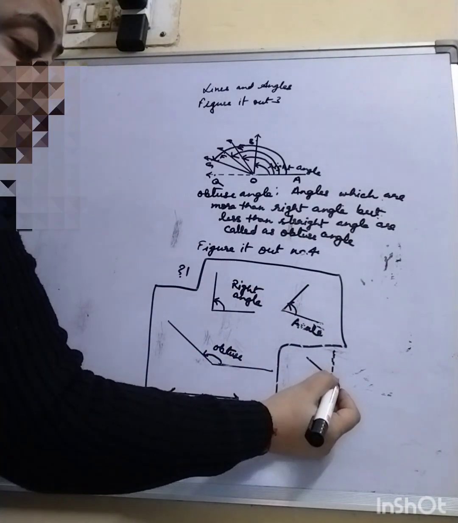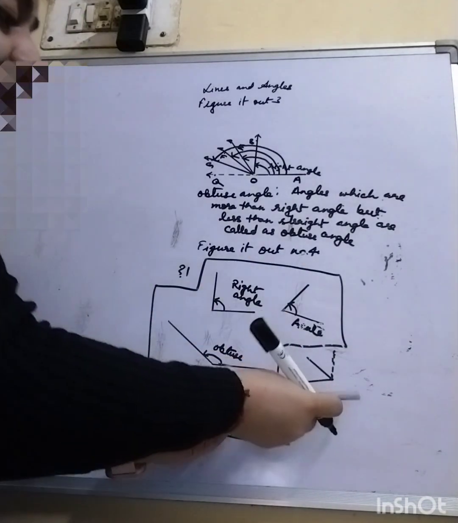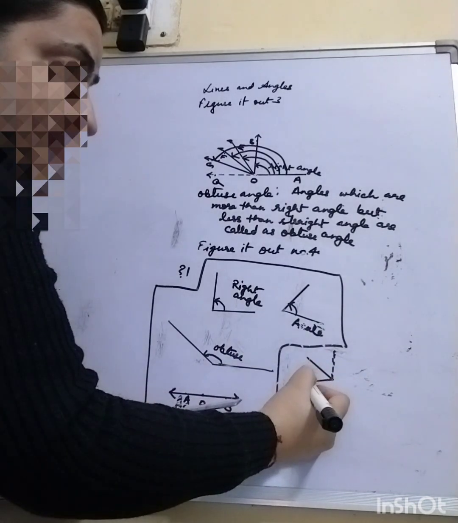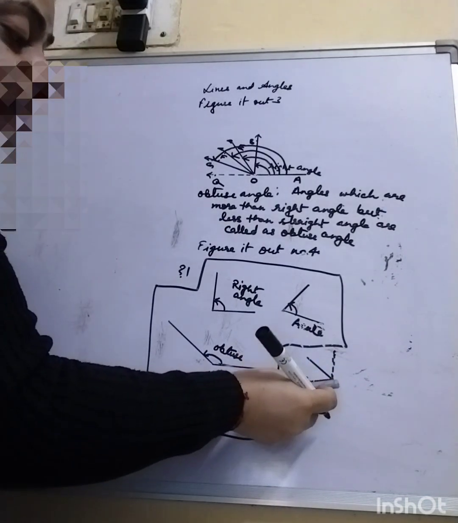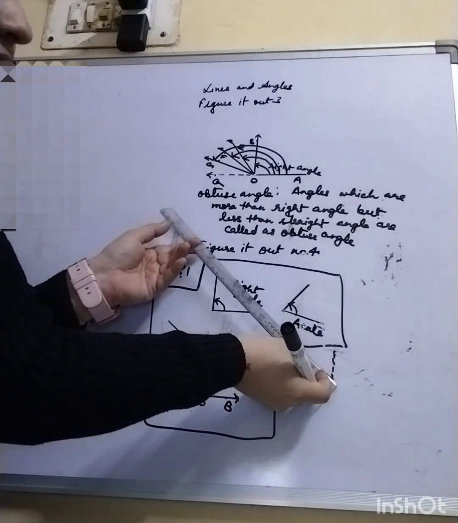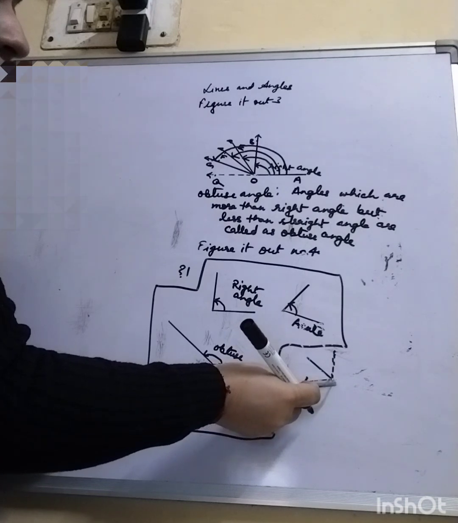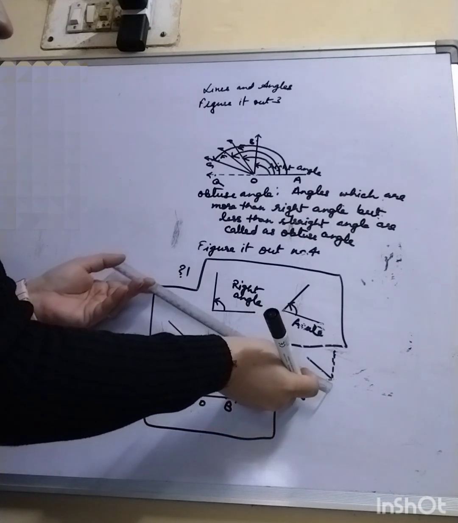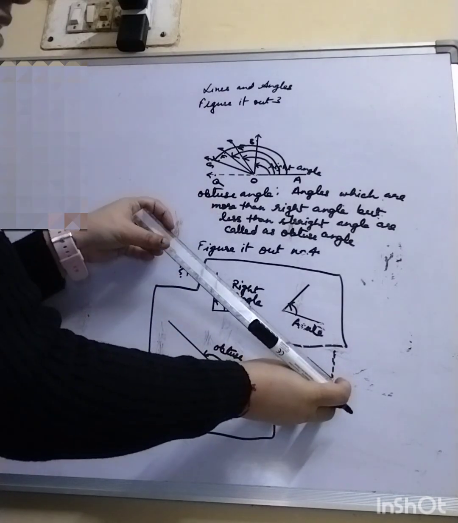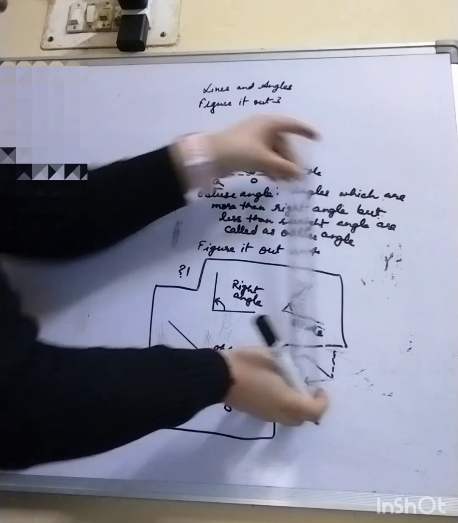So you cannot say from where you start the turning. Here the ray is on this side, the left side. The ray is on the left side and your turning would be like this to go till the second arm. Can you see here? The ray starting from here, you turn it and go till the second arm. And what would be my right angle? Right angle would be further turning to give L shape.